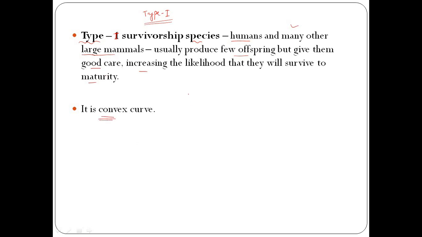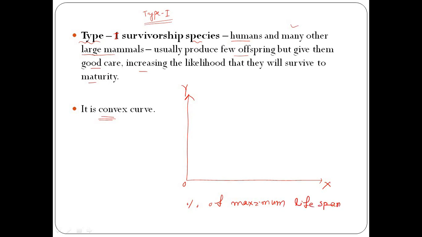Here if we plot the graph, this is the x-axis, this is the y-axis. On the x-axis we are taking the percentage of maximum lifespan, and on the y-axis we are taking the percentage of survivors in log scale.